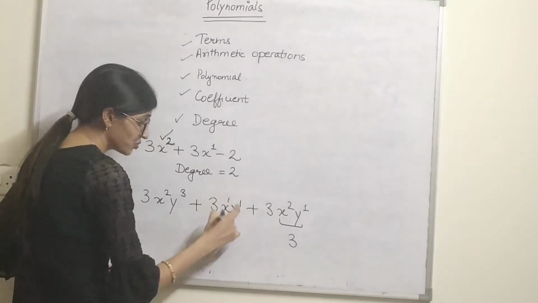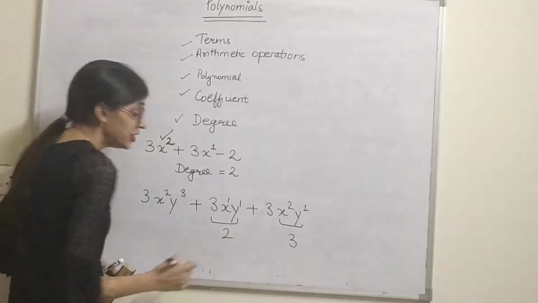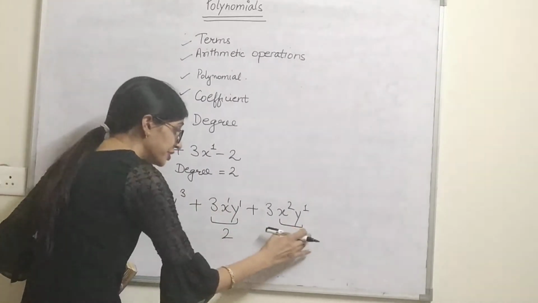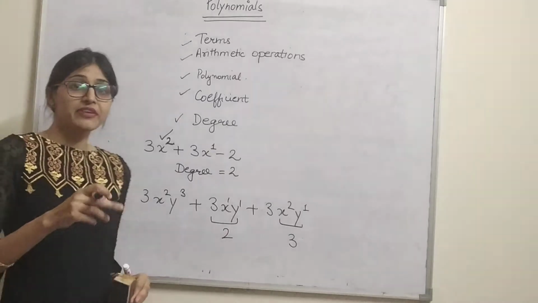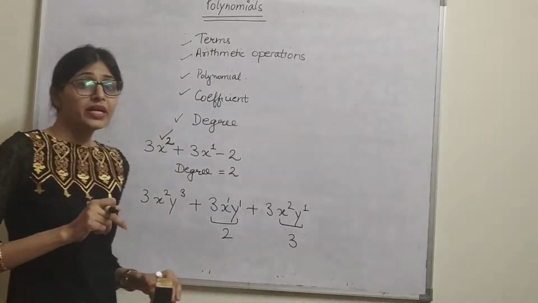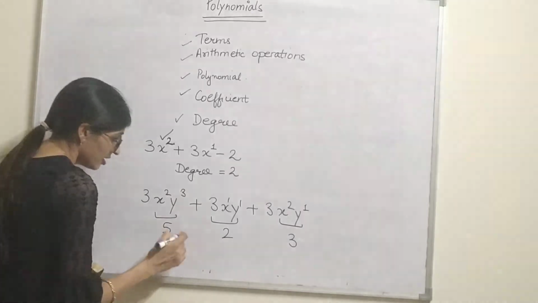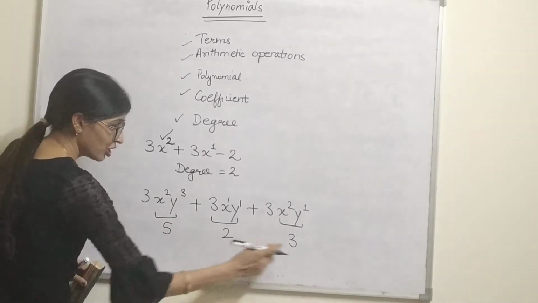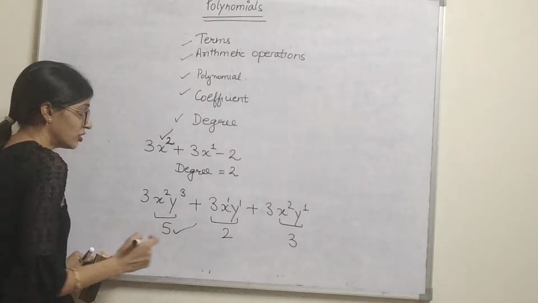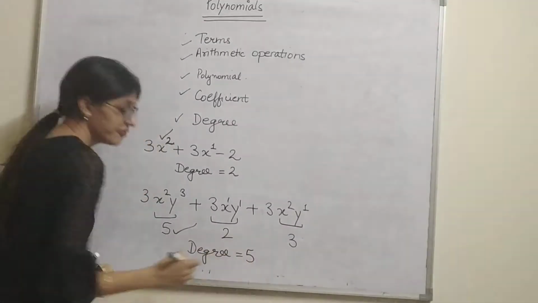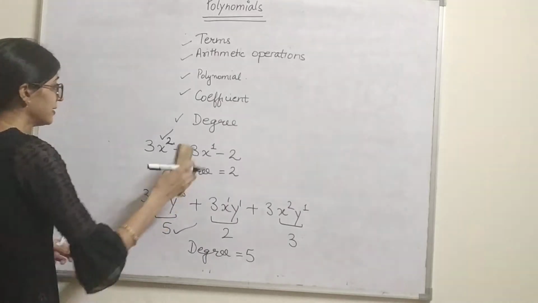What is 1 plus 1? 2. You have to check the degree of each term in the expression, and whatever is the highest will be the degree. Here 2 plus 3, 5. Which is higher, 5 or 2 or 3? 5 is higher. So the degree of this expression is 5. Okay.